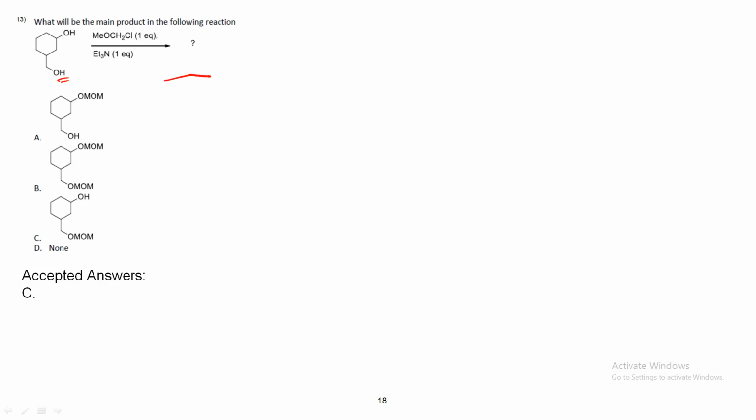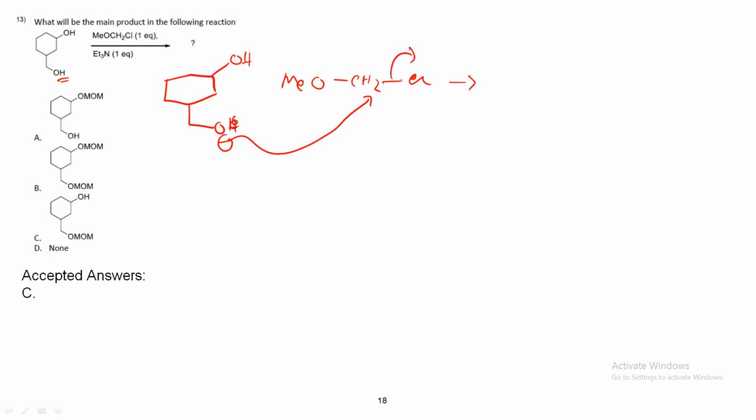So let's look at the mechanism. The mechanism is very simple, just an SN2. In presence of base, O minus can be generated. A particular kind of elimination would be generating this particular compound.